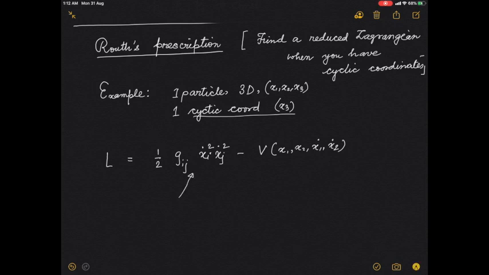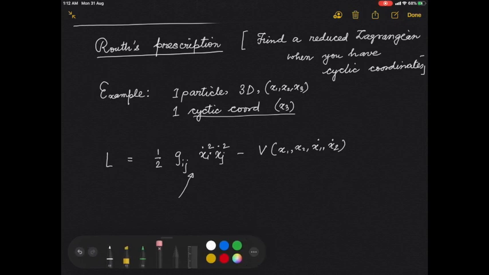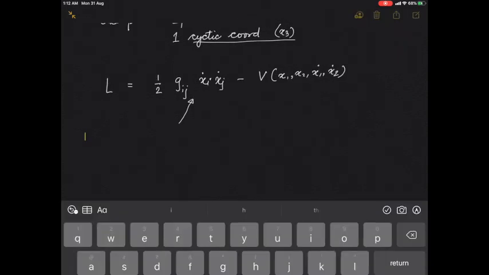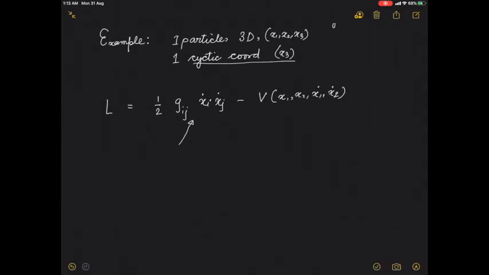So remember, what are these? I have a summation over i, and I also have a summation over j. So g_ij x_i dot x_j dot. I'm sorry, these should not have the squares. The square is the multiplication of these two. So I can have g_ij terms with x1 dot squared, x2 dot squared, then x1 dot x2 dot, all these types of terms.